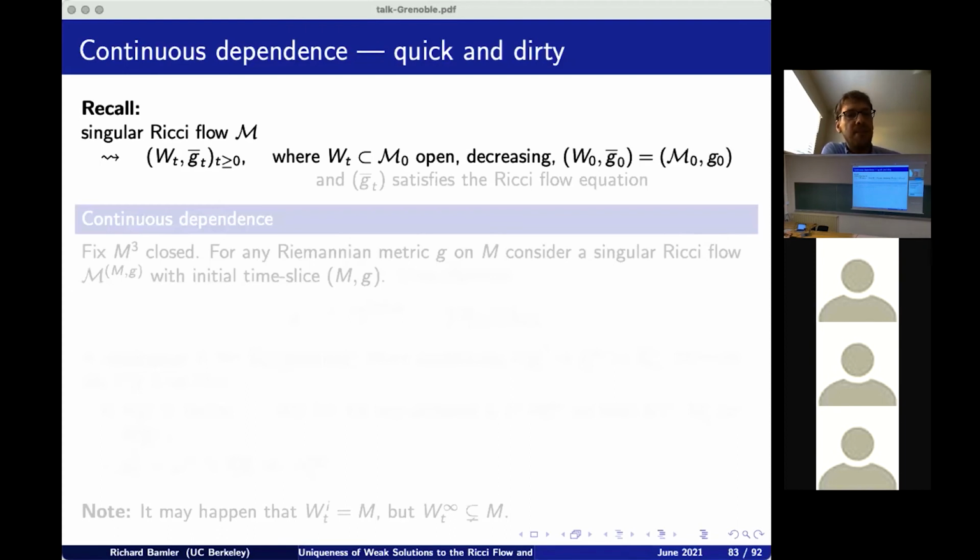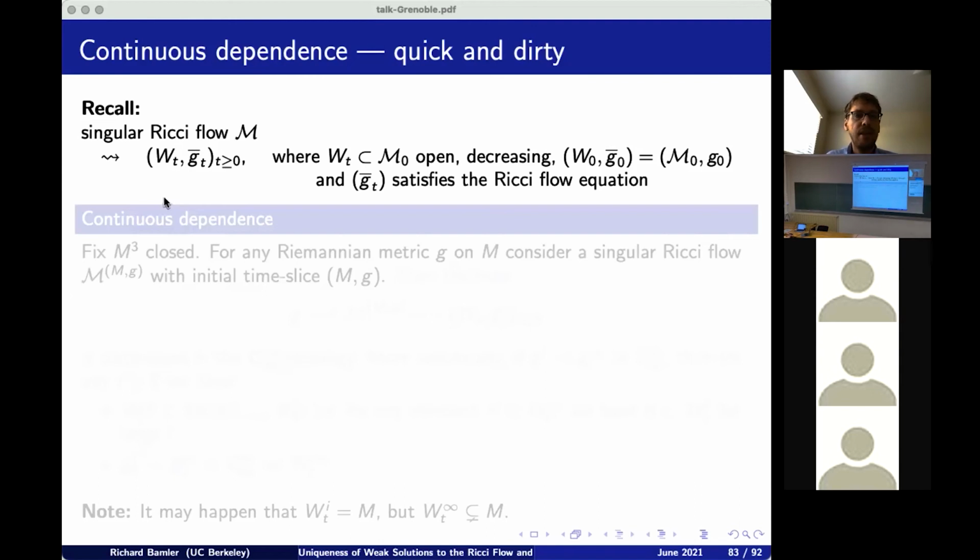If we plug in 0, we just get the initial time slice, and G bar T satisfies the Ricci flow equation. And even better, if we know (Wt, G bar T), then this somehow obviously determines the singular Ricci flow, because all we're missing here is this discrete set of bad points. Okay, this will fully recover the geometry of the corresponding time slice.